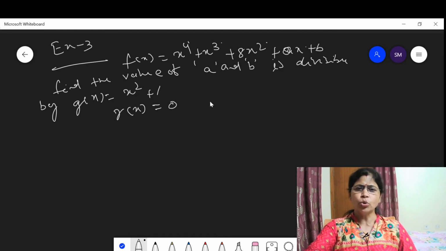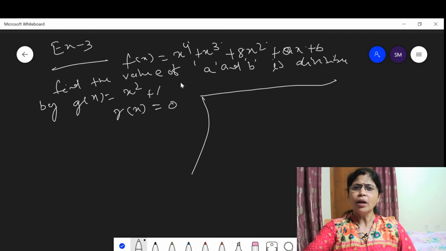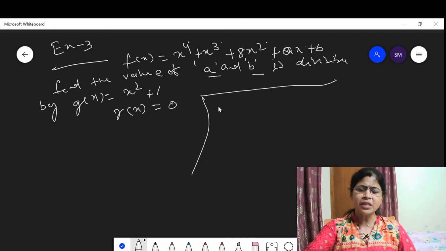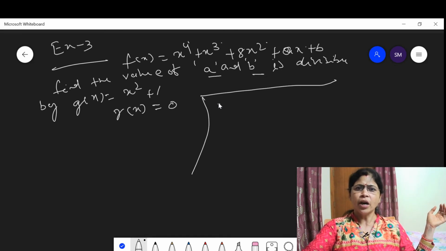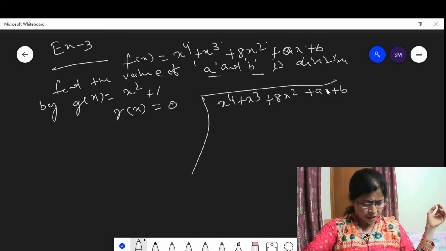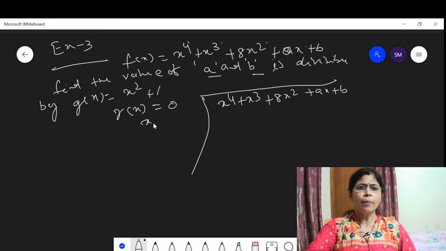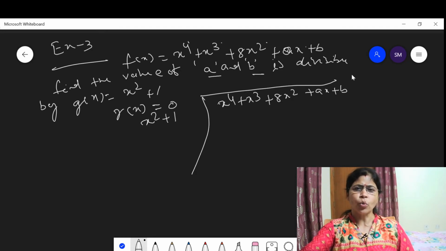Now let us do the division. Here this is completely divisible, and we find the values of a and b. Completely divisible means the remainder is 0. Here x fourth plus x cube plus 8x square plus ax plus b, now let us do the division by x square plus 1.